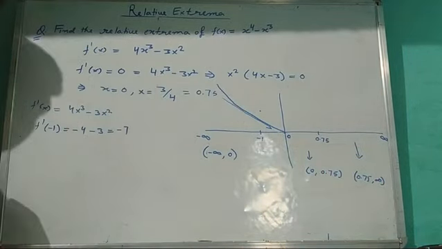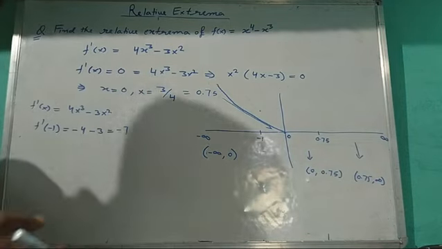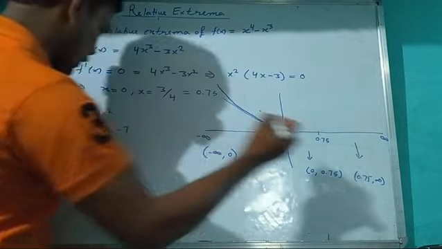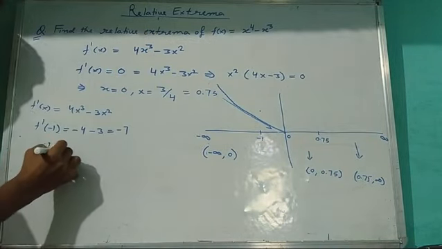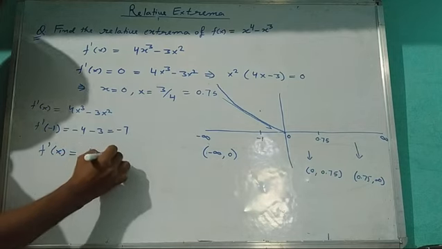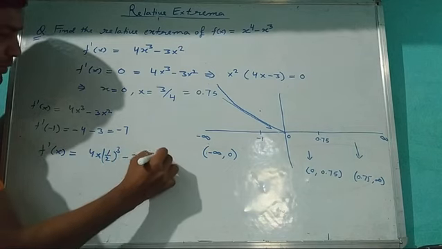Between 0 and 0.75, let us take a point, 0.5. For 0.5, the slope of this function is 4 times (1 upon 2) to the power 3 minus 3 times (1 upon 2) to the power 2.